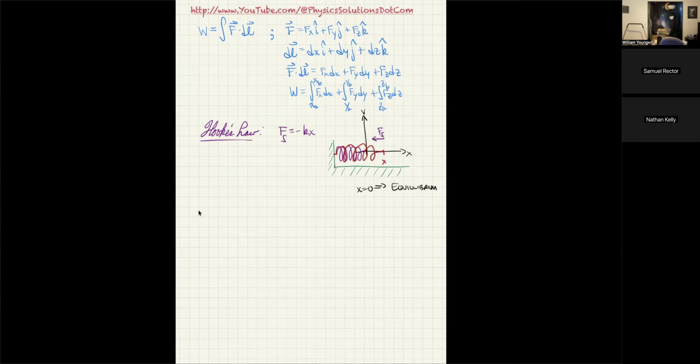That's the F sub S, and the x was of course measured this way. So the negative is just saying, hey, if you pull in the positive x direction, the force is going to be in the negative x direction. That's why the negative's in there.